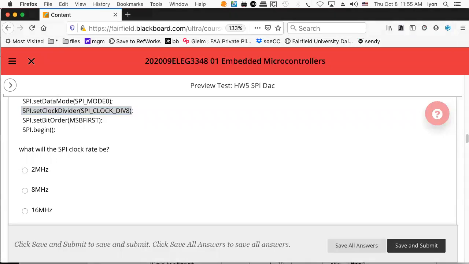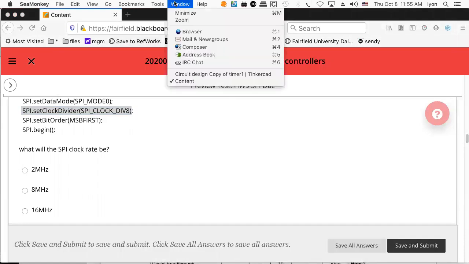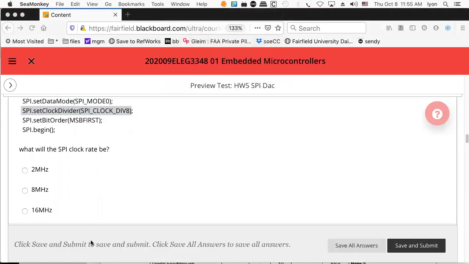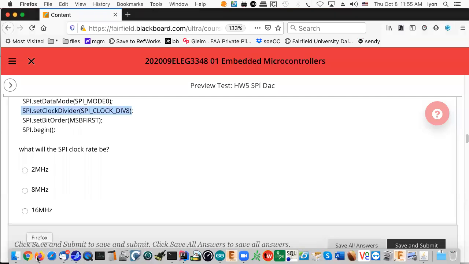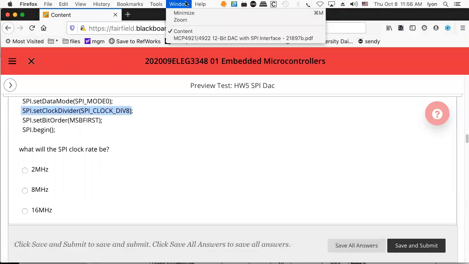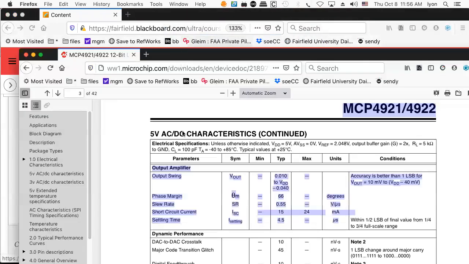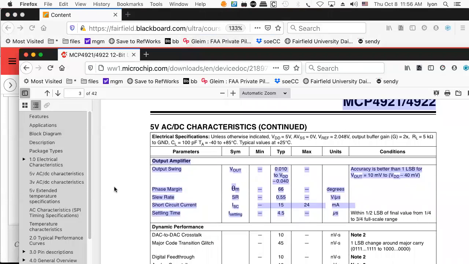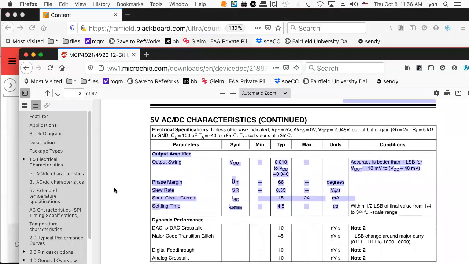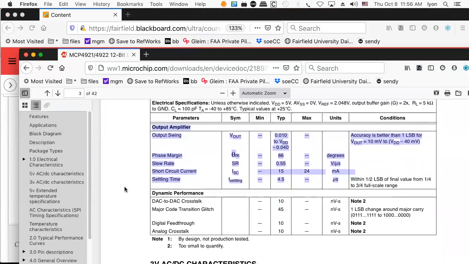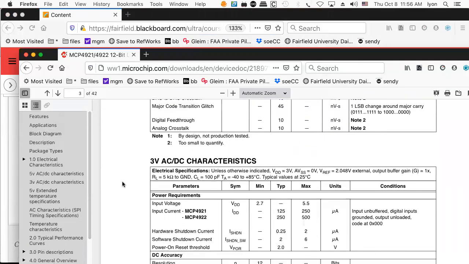Find it in your history. I just thought it might still be open. And maybe it is. Perhaps it's in the other browser. Just a minute. And there it is. So what you wanted to know was the specification on the SPI clock.